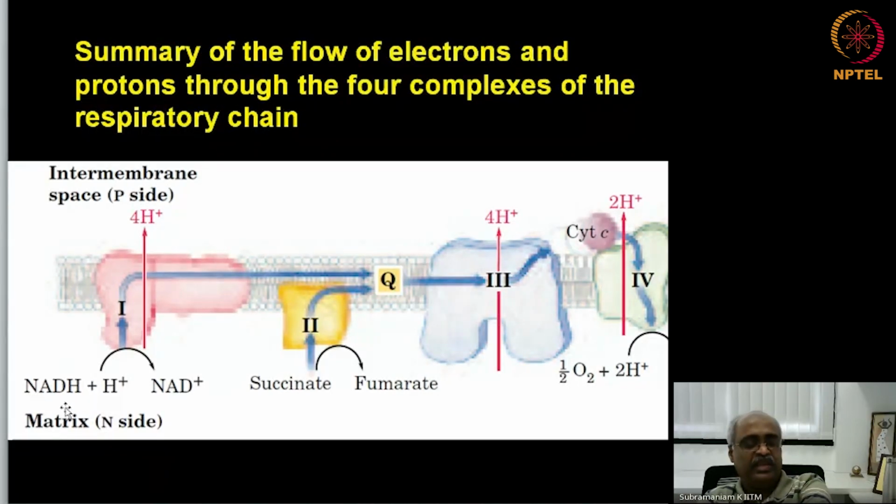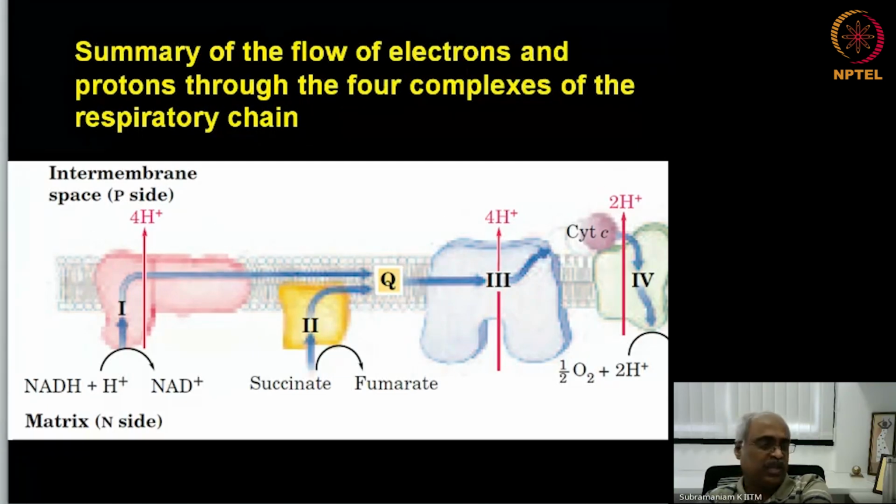For every NADH, that is 2 electrons, you have totally 10 protons pumped into the intermembrane space, and you have 1 water molecule produced from that. So this summary is purely by considering 1 NADH. But if you want to look at 1 molecular oxygen getting converted, then it will be 2H2O, and in that case it will be 20 protons, and we would have consumed 2 NADH.